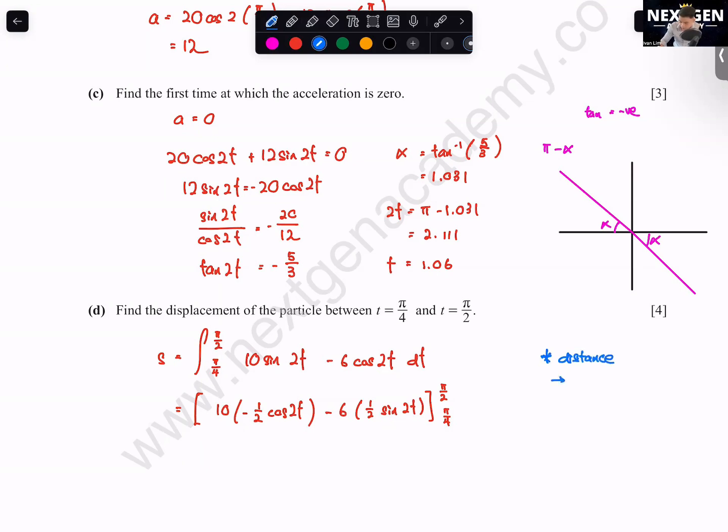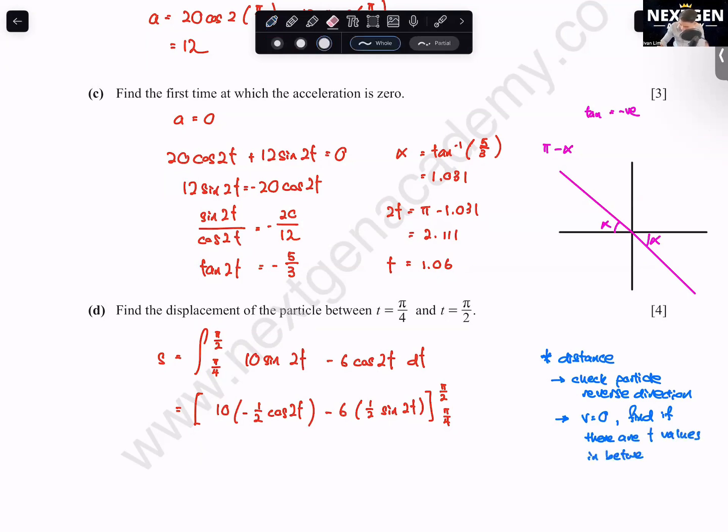Distance, then check particle reverse direction. How to check? It is when V equals to 0. Then you find if there are t values in between the range of t.